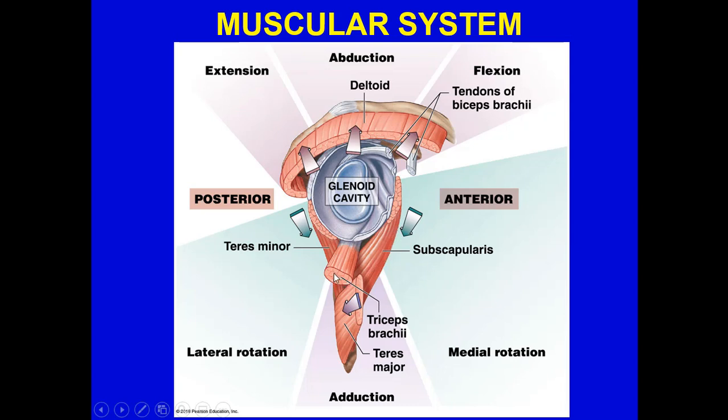Don't forget that you've got the triceps brachii, which is going to do the opposite to what the biceps would be. So the biceps would do flexion, and the triceps are going to do the extension. Okay, teres minor plays a major role here, opposite to the subscapularis. Okay, teres major is over here. All right.